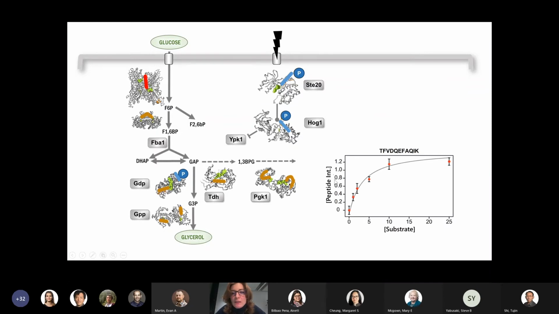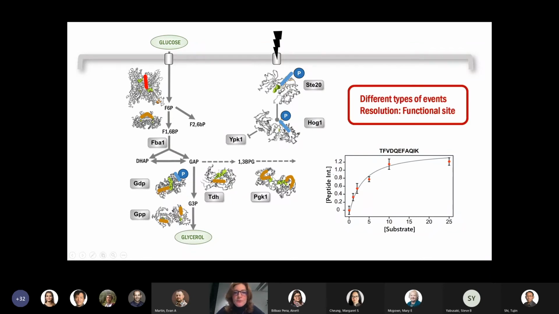So we added specific substrates to the lysates of cells, and then we monitored the intensities of peptides at active sites against the concentration of the substrate we added. And the curves we obtained were very much reminiscent of a binding curve, suggesting that what we are capturing here is probably changes in the occupancy of active sites.